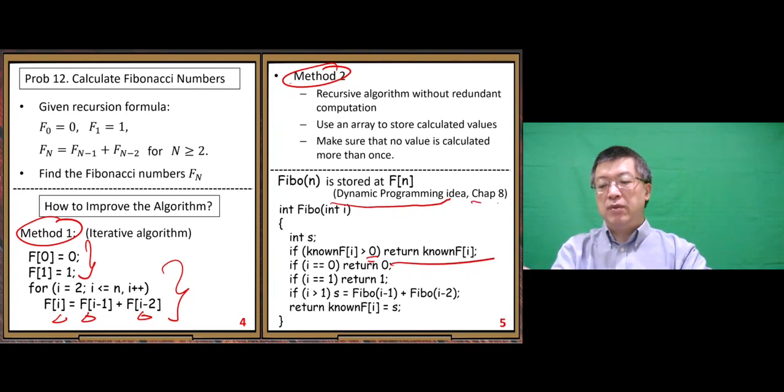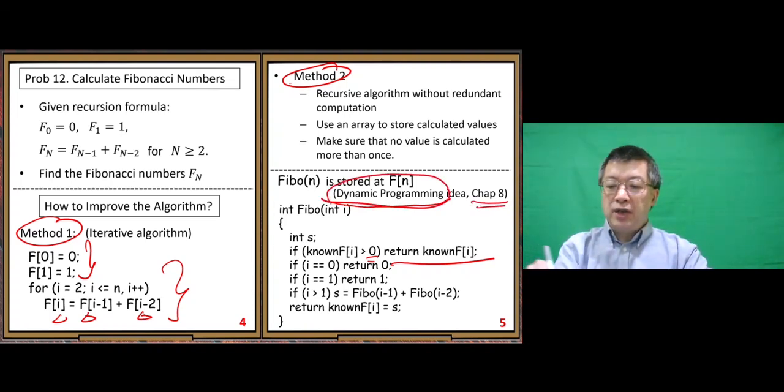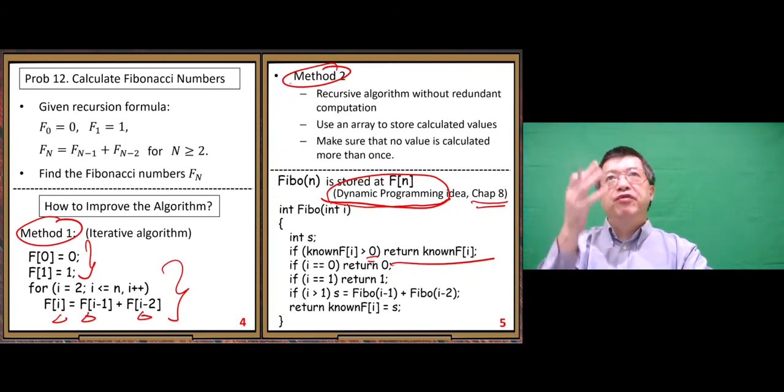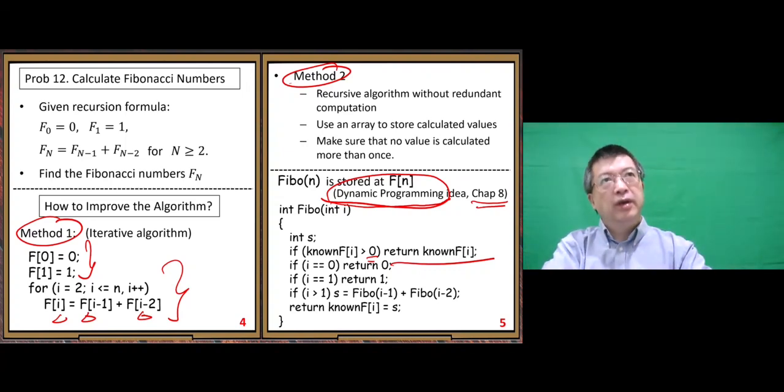It's in our chapter 8. Dynamic programming is an important topic, and we will cover it in our module 7, the second to last module. The whole module we will talk about dynamic programming. Here we can treat it as a first view or a simple introduction to dynamic programming.